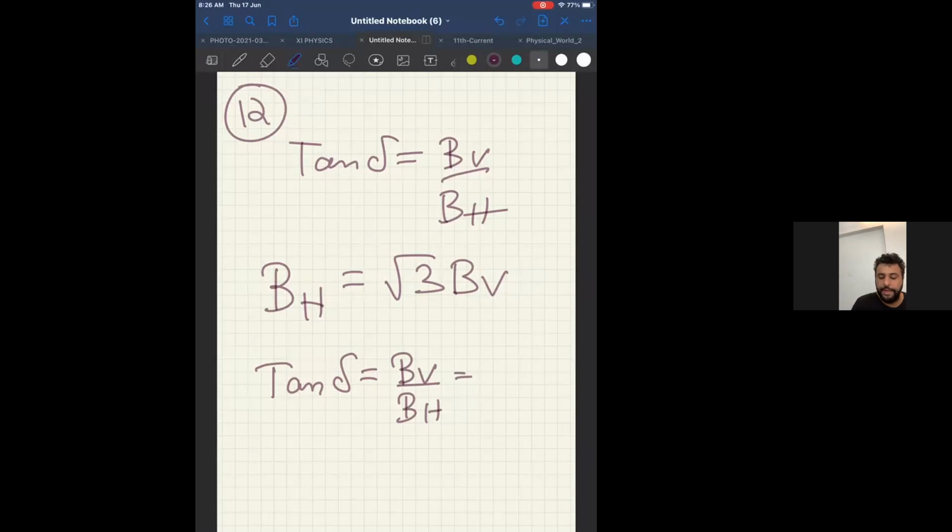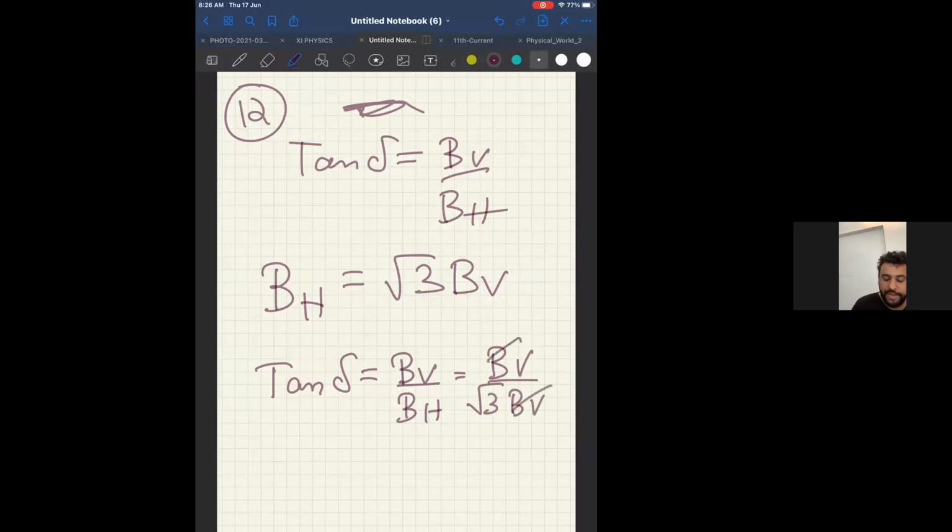Now, BV will remain as it is, and BH will remain as root 3 BV. BV will remain BV itself, and BH will be root 3 BV.